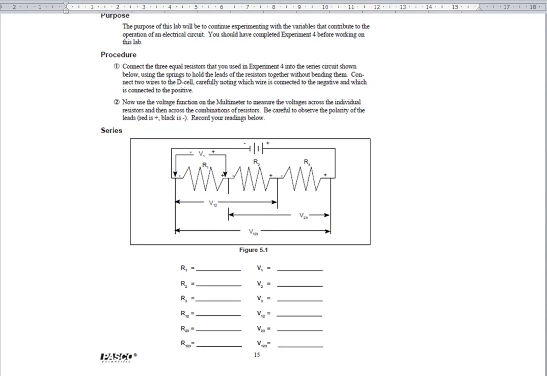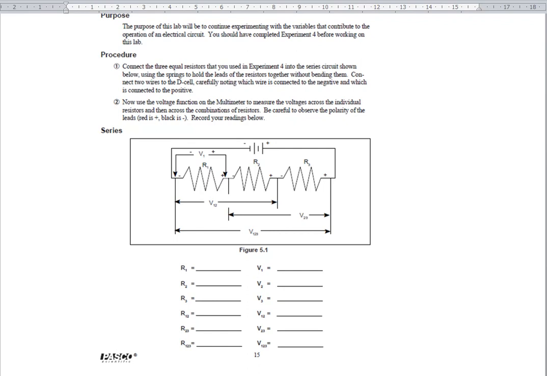Unfortunately, we are not doing this practically in the laboratory, but we have to use Ohm's law along with the formulas given in the first page for resistors connected in series and in parallel to find the equivalent resistance of the combination, and also you can use Ohm's law to find the values of the voltages.